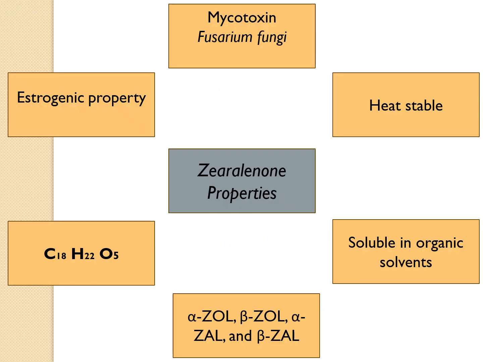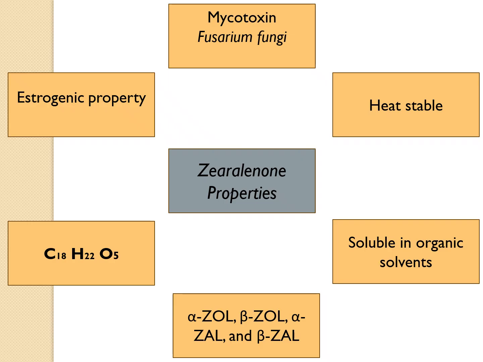Here are some properties of zearalenone. So zearalenone is a mycotoxin that is produced by Fusarium fungi, and zearalenone has an estrogenic property, like it looks like estrogen, they have the same structure, so it has an estrogenic property.